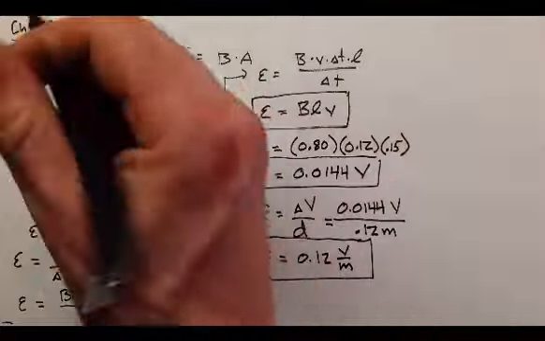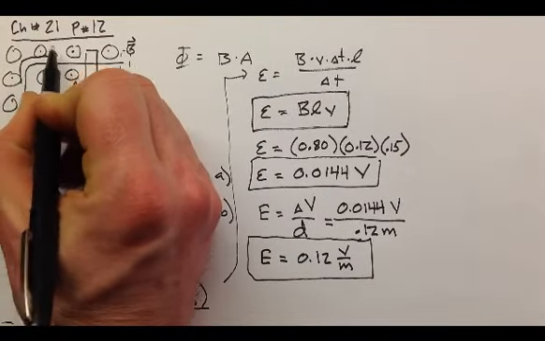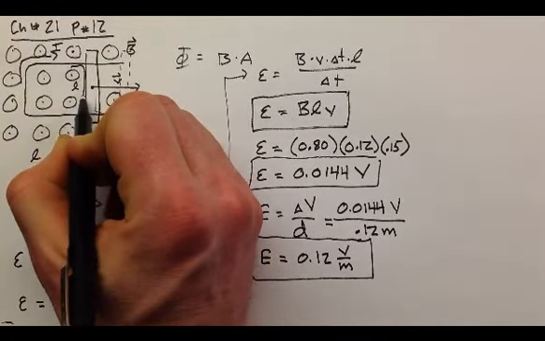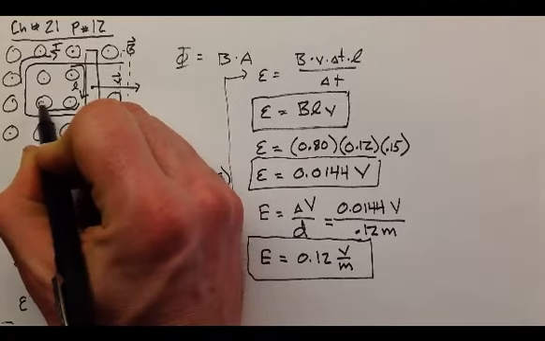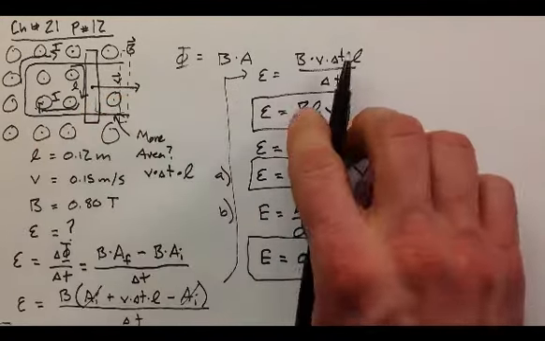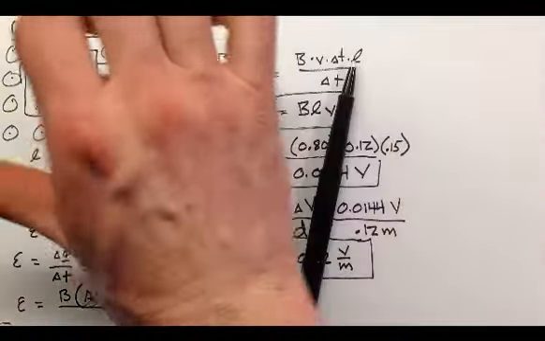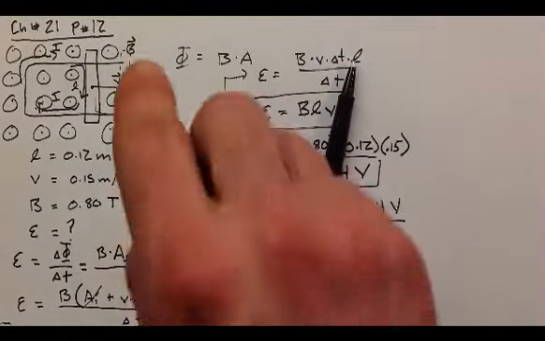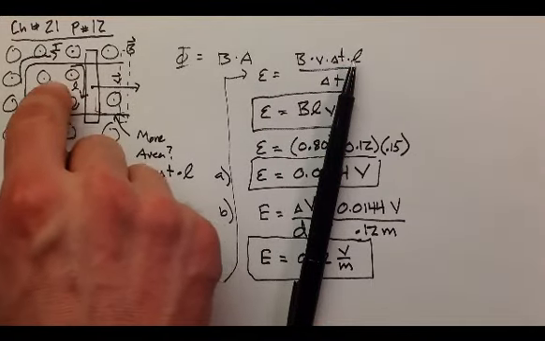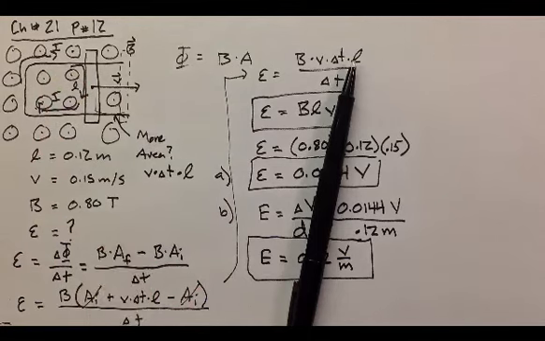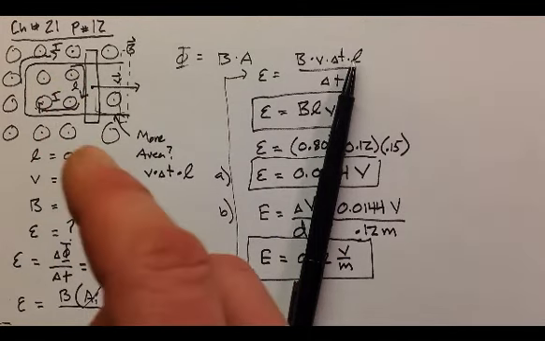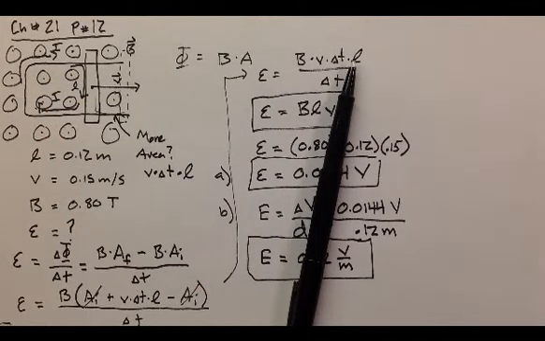So I claim that the current in this bar must be going this way. Okay? Because if the current was going this way, if I did my first right-hand rule, that would produce a magnetic field inside this area into the page. And by Lenz's law, the induced current produces a magnetic field that opposes the change.